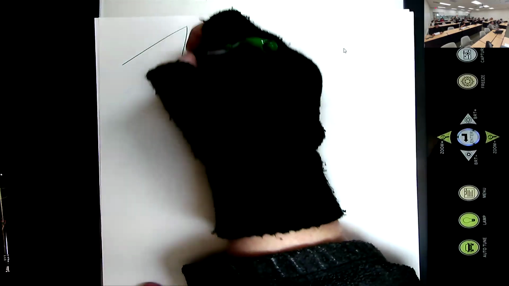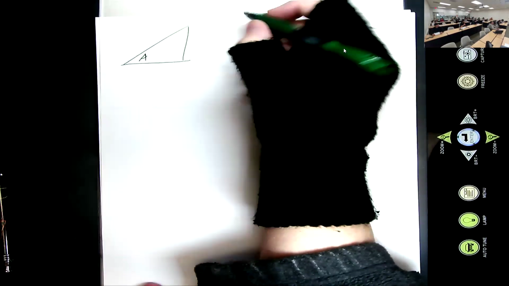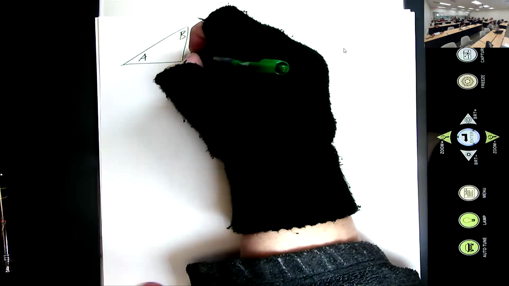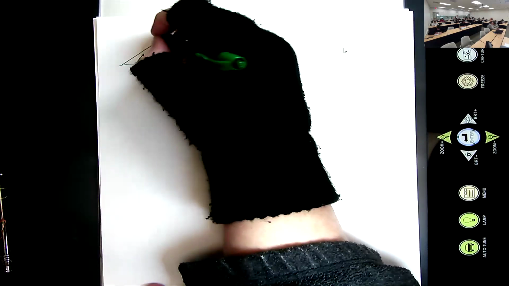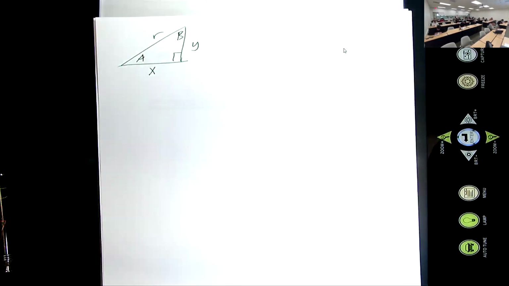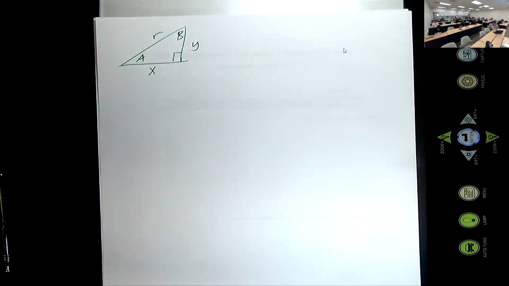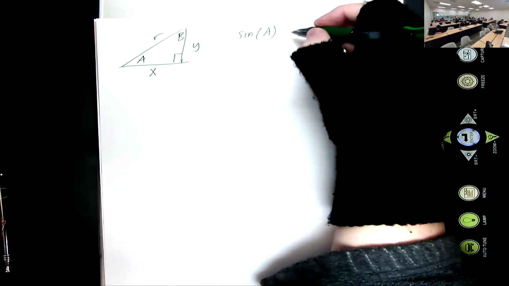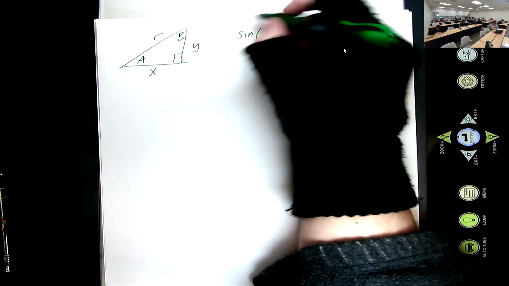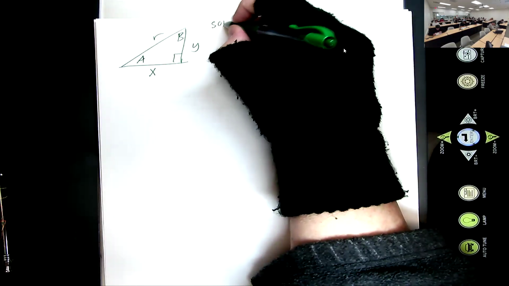Something else that's kind of fun. Instead of using theta, I'm gonna use angle A and angle B. And this is X and this is Y and this is R. And if I look at sine of A, remember, we're working with SOHCAHTOA here.